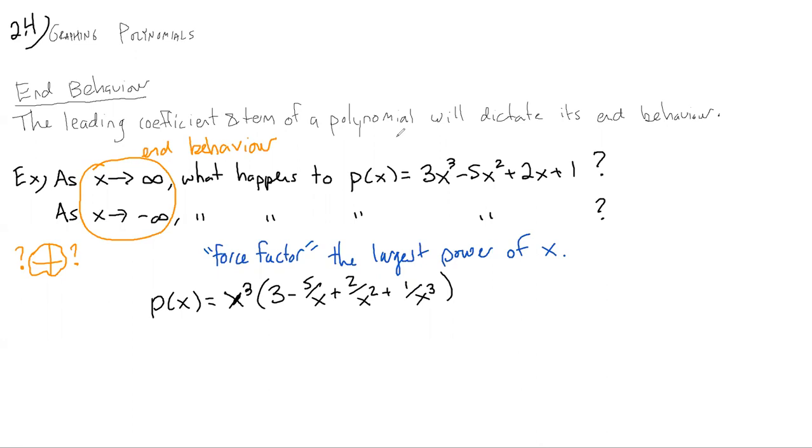So the idea behind why we would possibly want to do that is because it's actually really easy to investigate what's going to happen to these chunks here. So if x goes to infinity, we can think of that as x being very large. You can just think of it as a very large number, like 1,000, 1,000,000, 1,000,000,000.